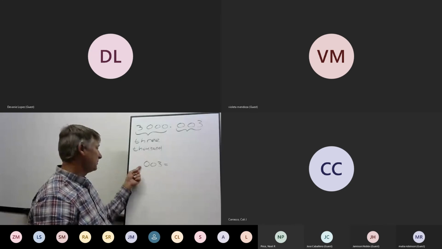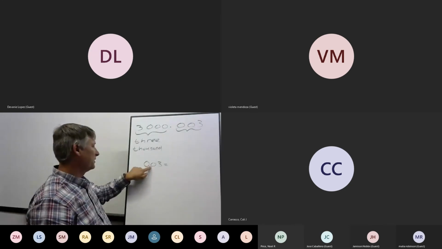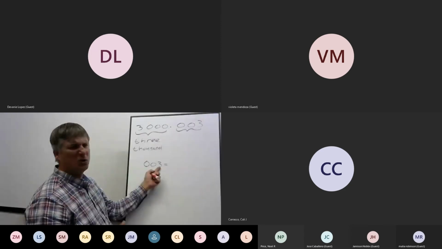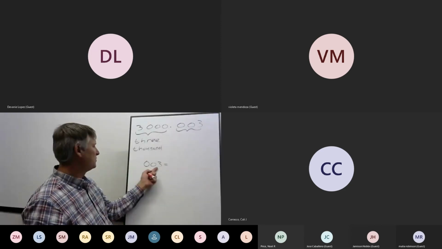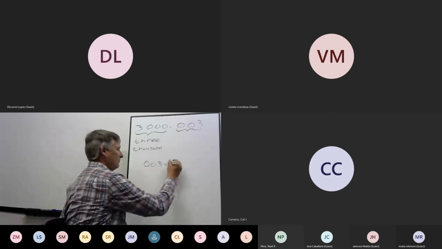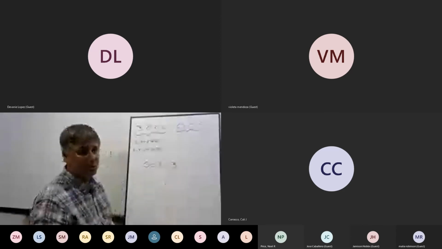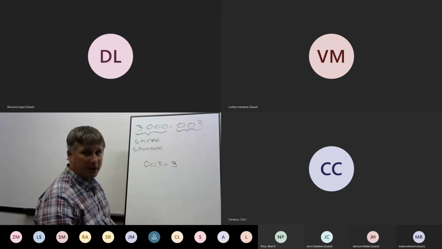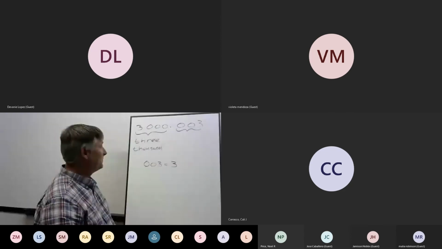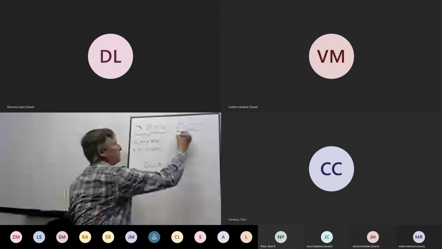If there's a decimal here, I put a decimal here or here or here, okay, things can change. But if it's just a number with no decimal point, and you have zeros to the left like this, we'll ignore those zeros. Again, provided there's no decimal point over here. So this here is just 3.